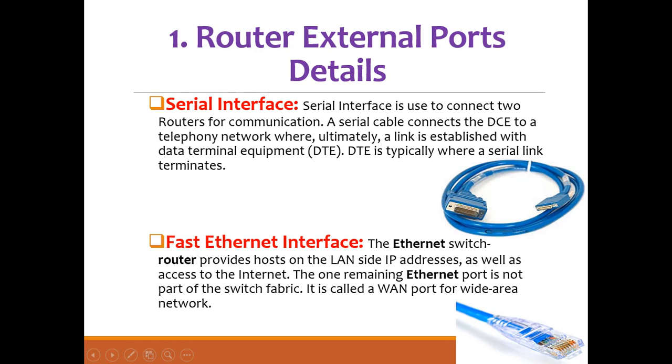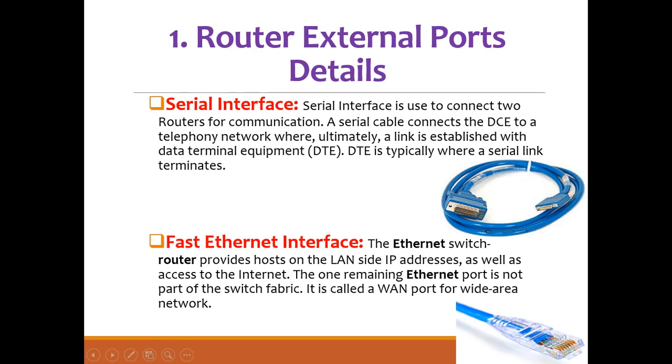Now, second, the serial port is used for connecting only router to router, but fast Ethernet is used for connecting router to router plus router to switch plus router to PC.